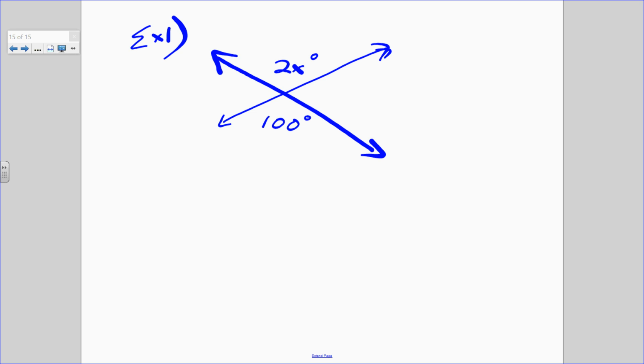Let's solve for x here. You've got two intersecting lines, and angles that are opposite each other from the intersecting lines.